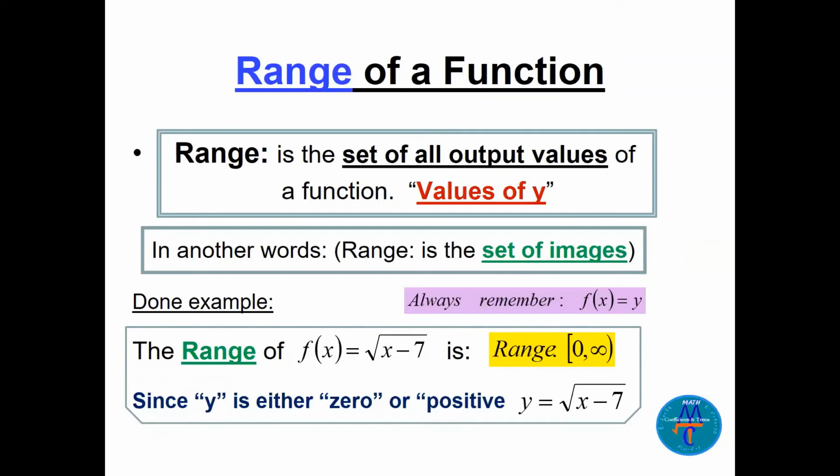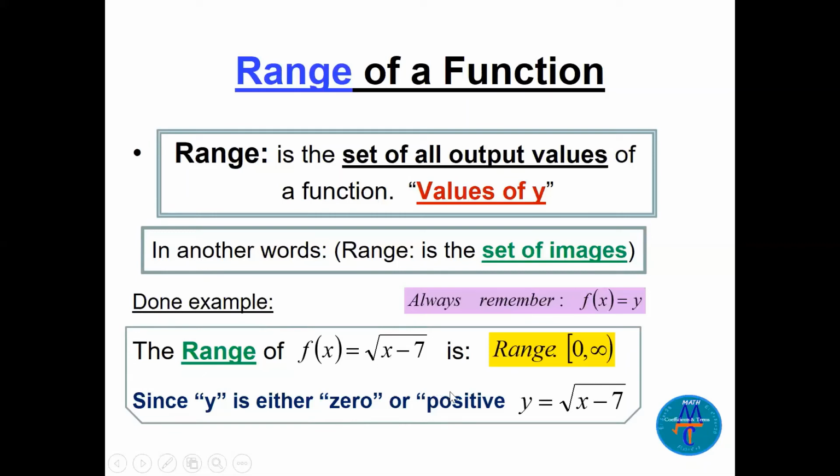So in the range, put y here. So you can put y equals square root of x minus 7. We know the square root by itself is either 0 or positive. If you put 7 there in the x, you get 0 for y. So 0 is there because 7 is in the domain, so 0 is in the range. And what else?